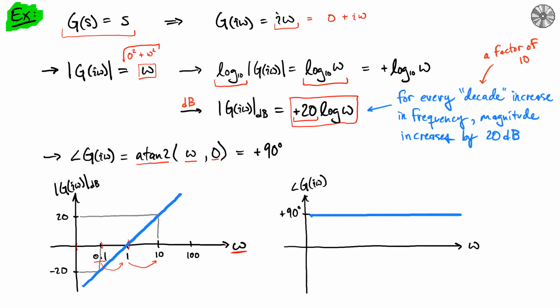And on this logarithmic scale, we evaluate the decibel magnitude here, and that means that I take the log of that, essentially this decibel is linear in the log of omega. So that means that it looks linear on this log plot. And then the angle is simply given at plus 90.